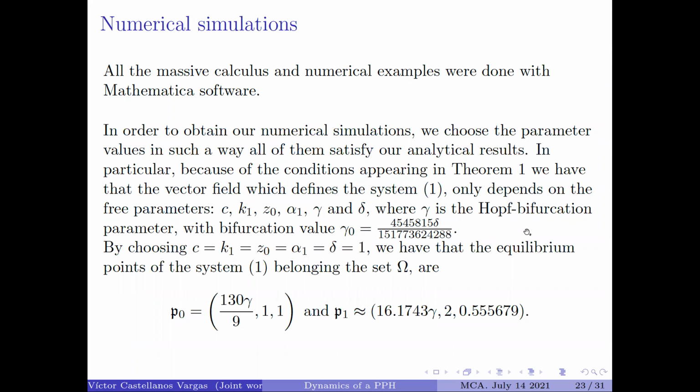So by choosing C equal to K1 equal to C0 equal to alpha 1 equal to delta equal to 1, we have that the equilibrium points of the system 1 belonging to the set omega, the positive octant, are the next. P0 is this number, and P1 is this number. Also, we know that P1 is an unstable point, and the point P0 is stable.